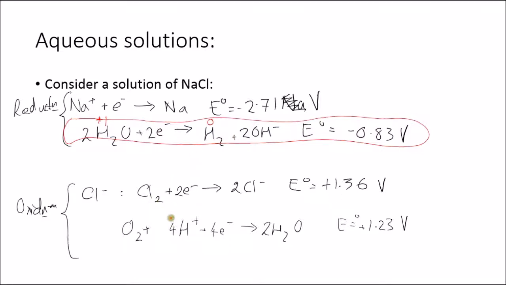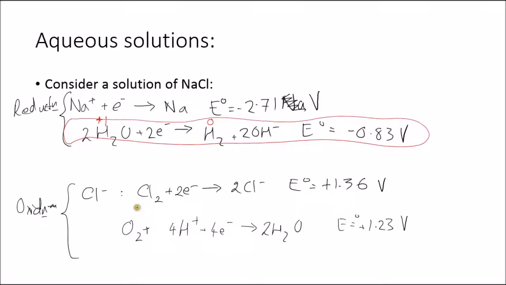Now when we go down here, similar sort of situation. We see that chlorine, when it's being oxidized, doesn't particularly want to act as a reducing agent. So it's the worse of the two as a reducing agent because it doesn't want to be oxidized.